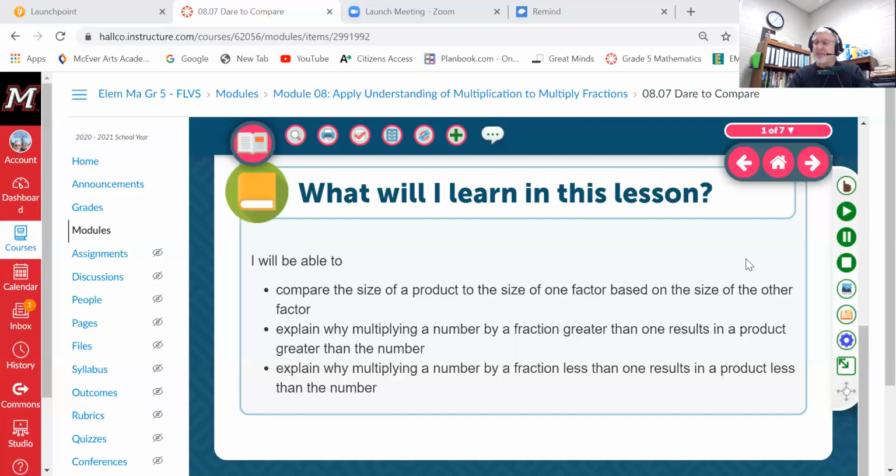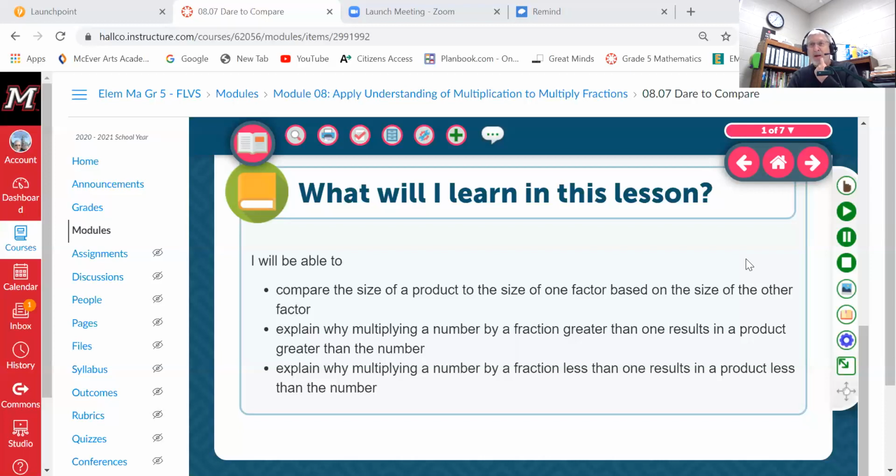So in those same examples that we started out with earlier in this lesson, I had 10 and 20 multiplying it by a half. Well, anytime I multiply another factor by a factor less than 1, such as a half, my product is going to be less than that other factor. So when I multiplied 10 times 1/2, I had 5, and 5 is less than 10.